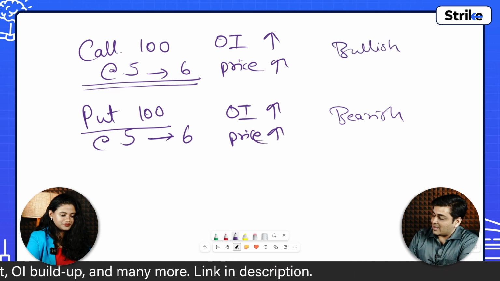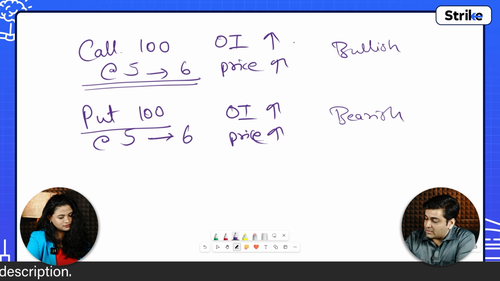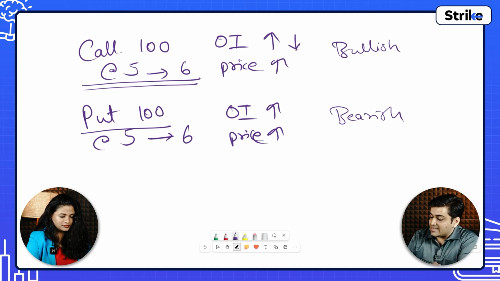Now, in a particular call, if the OI is decreasing, meaning the calls where the OI had increased earlier are getting unwound, that will be bearish. Similarly, if put unwinding is happening, it is considered a small bullish bounce back. I hope you understood this.